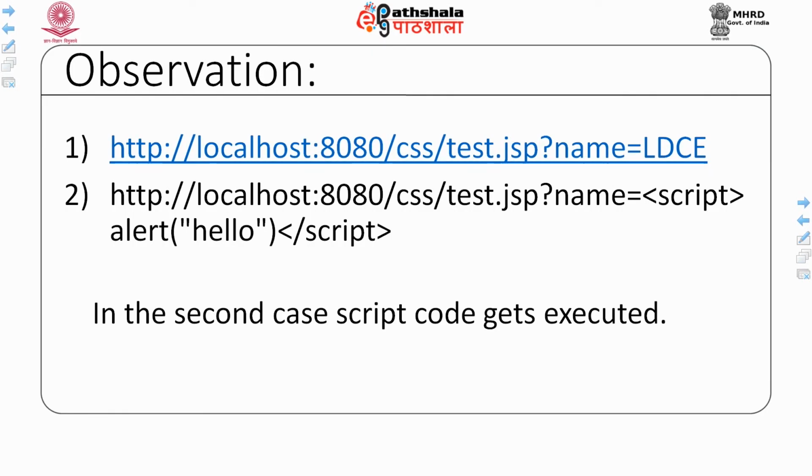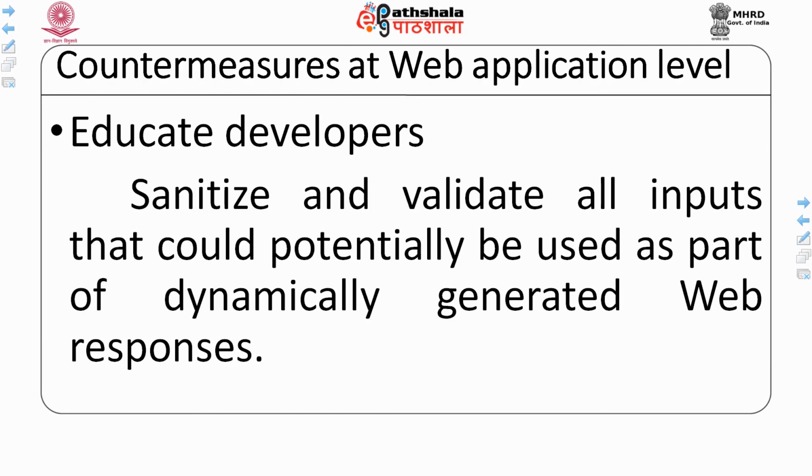So, these are the observations in the second case. As I mentioned earlier, there are two cases, name equal to LDCE, and name equal to the script tag. In the second case, the script code gets executed.